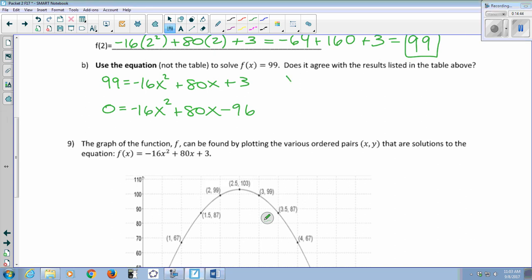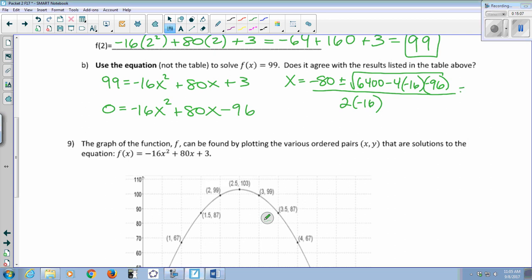So I'm going to say x is negative b plus or minus the square root of b squared. That's 6,400. b squared minus 4 times a times c, all over 2 times a.